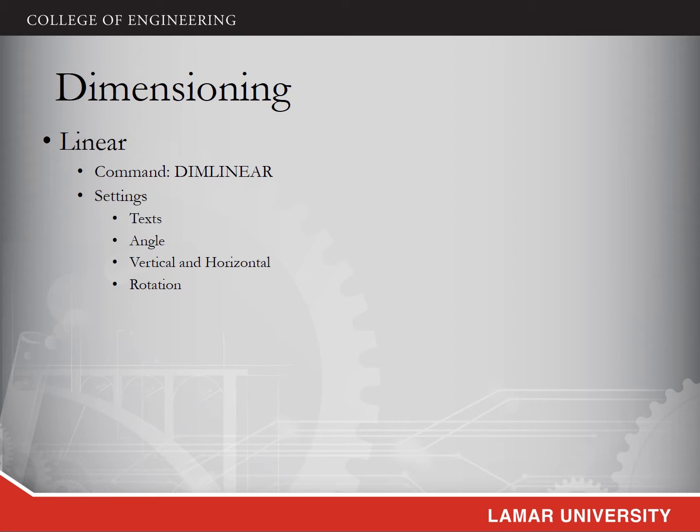The first function is linear. To insert a linear dimension, you have to call the command dim linear or go to the toolbar to find out the linear dimension. Under this command, there are several settings. The first one, text, is applied for you to revise the text of the dimension. The second one, angle, is applied for you to modify the angle of the text.